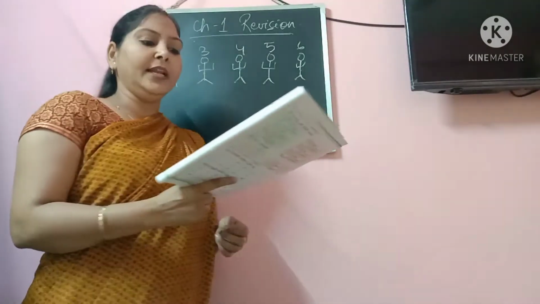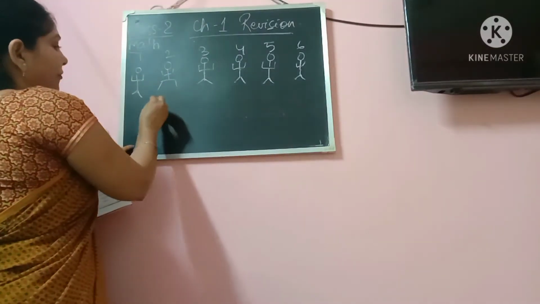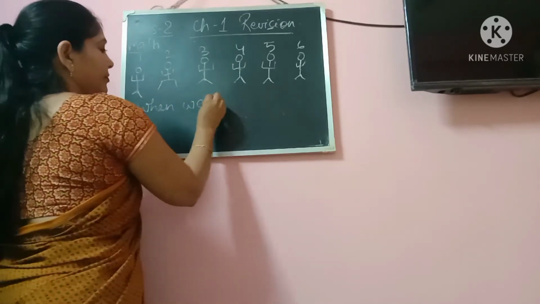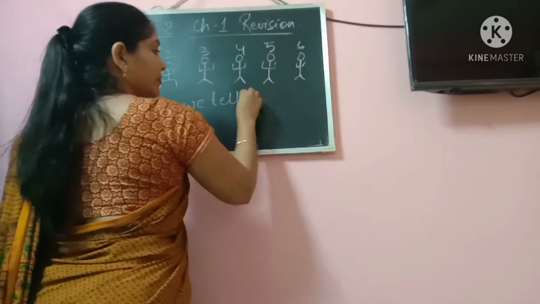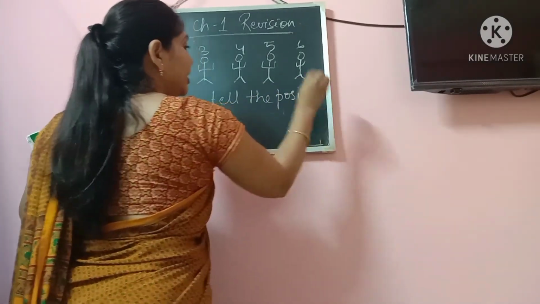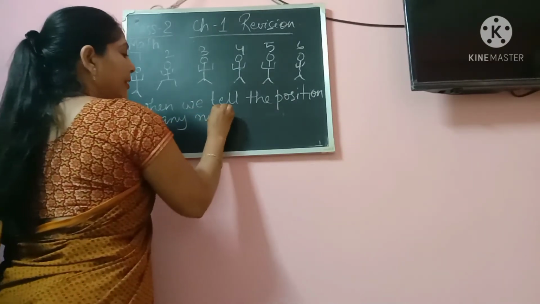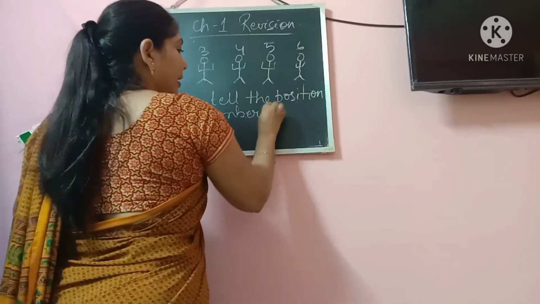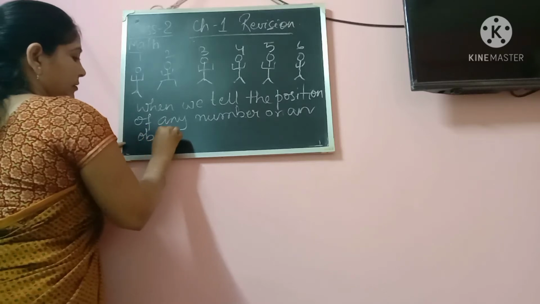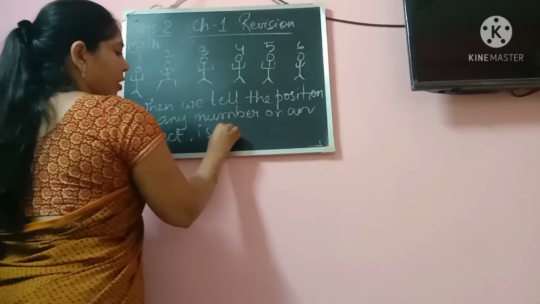When we write ordinal numbers, we add st. So when we tell about the position of any number or an object, it is called an ordinal number.